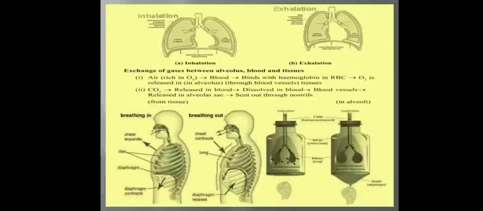Now you have to check how it works. You pull the rubber sheet down and you can see that the balloon gets inflated, whereas once you release it, the balloon gets deflated. So that's how you can watch in the figure above inhalation and exhalation, figure A and figure B. Upside, in the inhalation you can see that the diaphragm is a little bit less curved in comparison to figure B.